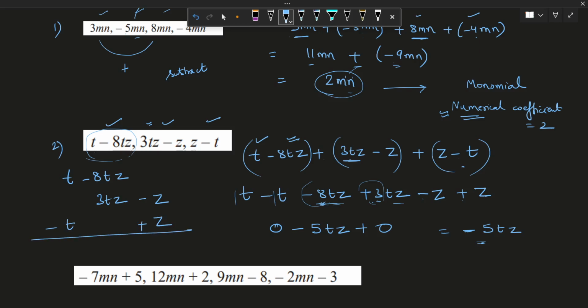So you add them. When you add them, you get t minus t, that is 0. Minus 8 plus 3 is minus 5tz, and minus z plus z is 0. So you can also do it this way, but I prefer the horizontal way because when subtraction comes, it's easier to do it like that. Let's move to the next question now.